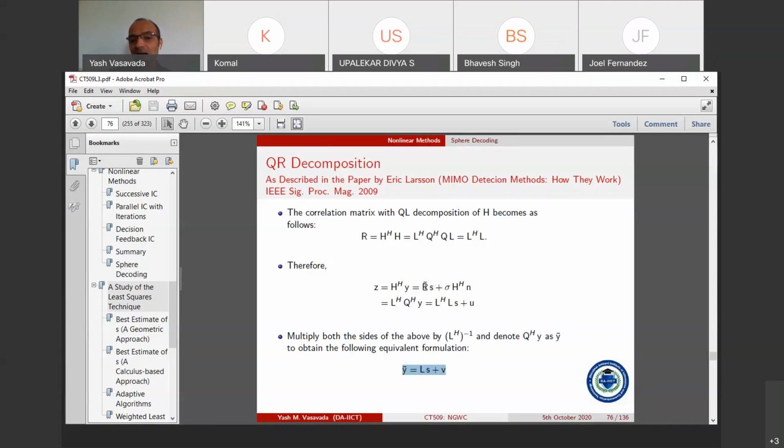The difference is that R, which is generally not a triangular matrix, kind of magically became a triangular matrix. And so now all that I need to do is do the back substitutions, and I'll get the estimated S without needing to do matrix inverse.